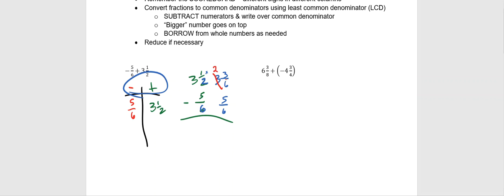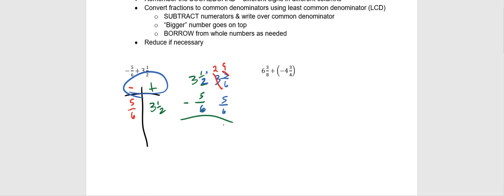And what I'm borrowing is an entire group of 6. So I'm borrowing 6/6, adding 3 more to it, and now it becomes 9/6. And now we're okay to subtract because my numerator in the top is bigger than my numerator in the bottom. So now let's just start subtracting away.